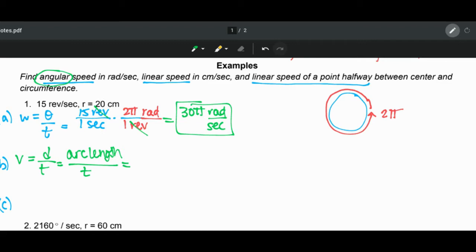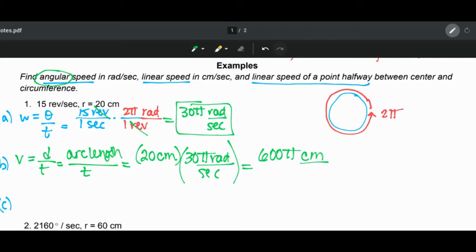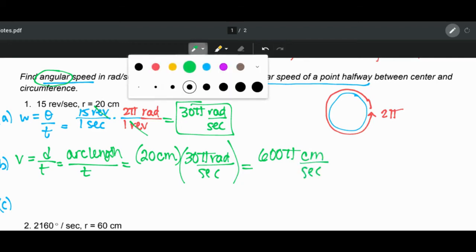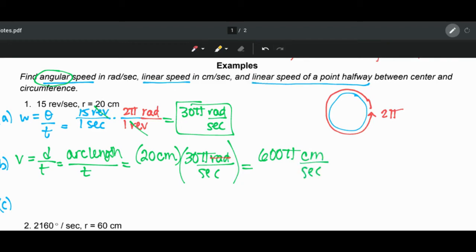So we're going to look at the 20 centimeter radius times the angle, which we decided in part A was 30 pi radians per second. If you multiply that out, you get 600 pi centimeters per second, and we can leave off the radians. Now look at your units and make sure that you have the correct units, which we do.